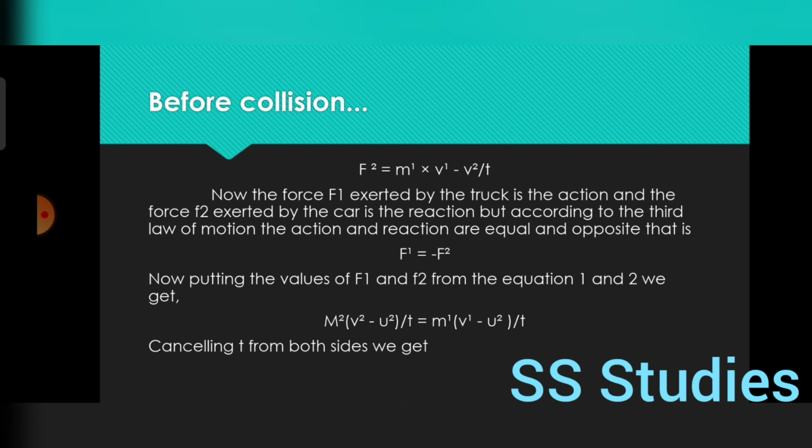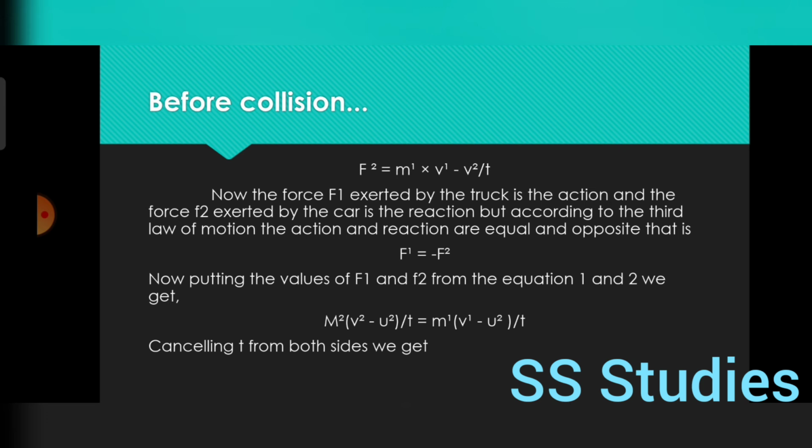Now the force F1 exerted by the truck is the action and the force F2 exerted by the car is the reaction. According to Newton's third law of motion, the action and reaction are equal and opposite. That is, we can write F1 equals minus F2. Now, putting the values of F1 and F2 from equations 1 and 2, we get m2(v2 minus u2) by t equals minus m1(v1 minus u1) by t.